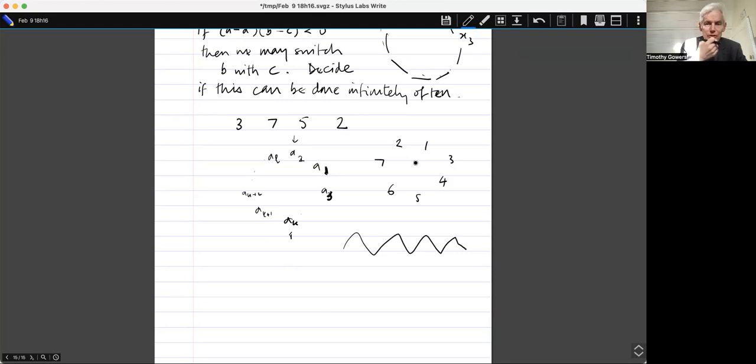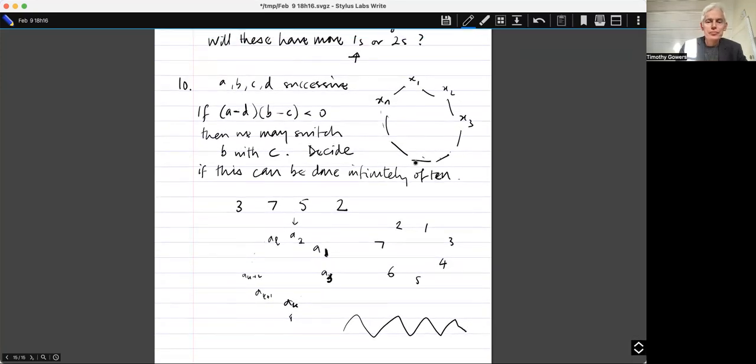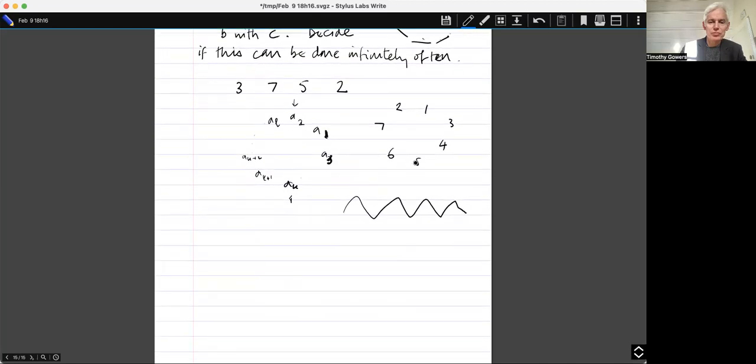And now I have just a sort of wild guess, actually. Which is, sums of squares are sort of fun things. What happens, let's just go back to an example, 3, 5, 7, 2.